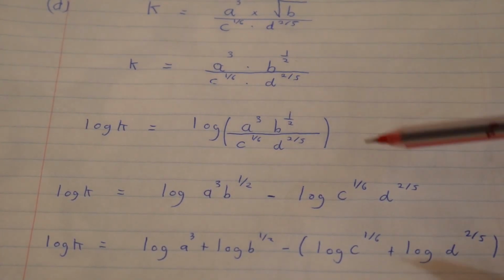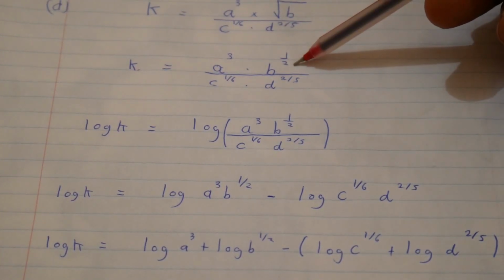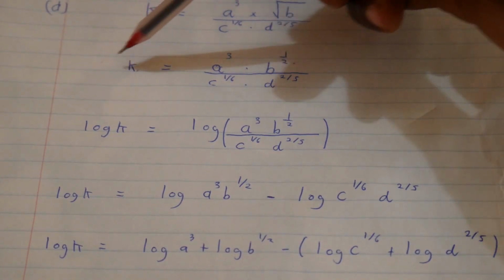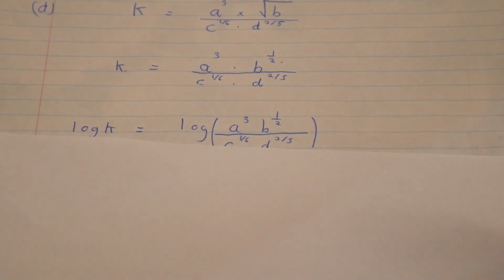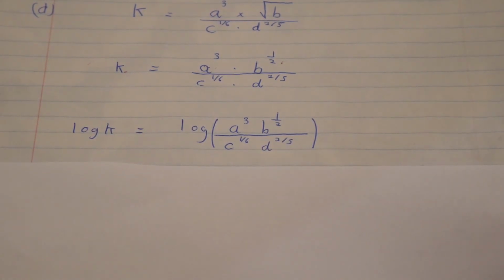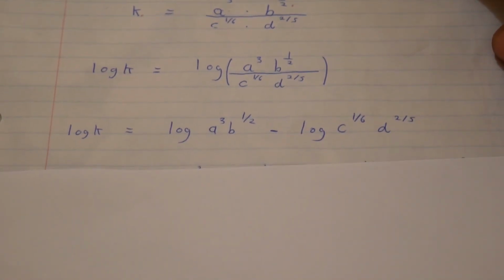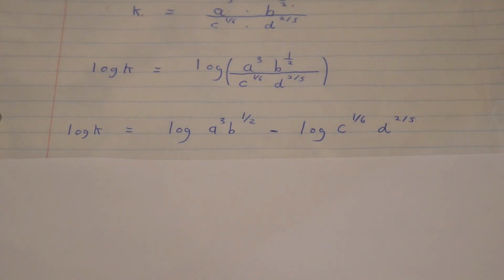Good. Now what you do, first thing you do is log both sides of the equation. So you have this, and then all I did was to log both sides of the equation. I didn't do anything else. Right? Next, we use the rules. We take our time and do 1 rule at a time.